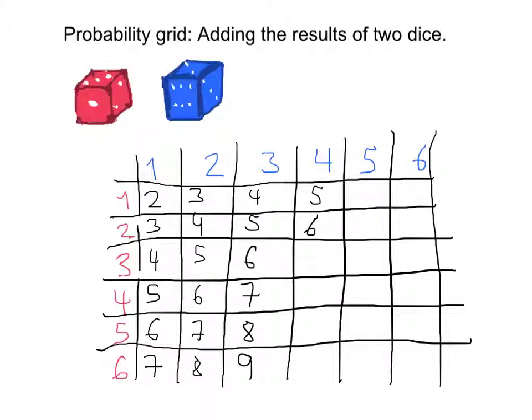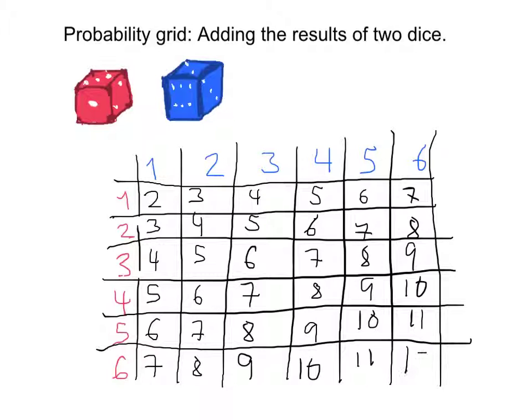Then 5, 6, 7, 8, 9, and 10. Then 6, 7, 8, 9, 10, 11, and finally 7, 8, 9, 10, 11, 12.